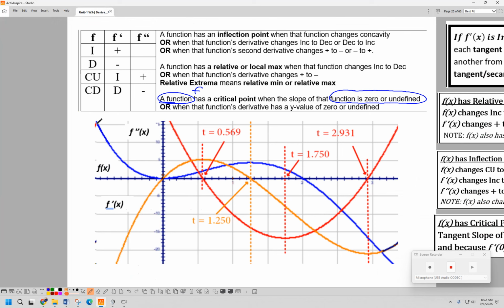Everyone raise your hand and tell me: f will have a critical point when the slope of f is either 0 or undefined. At what x coordinate does f have a critical point? You're looking for a slope of 0 or a slope that is undefined. We haven't done a lot with undefined yet, so really just the slope of 0 right now.